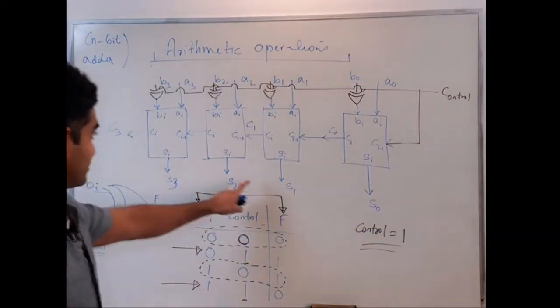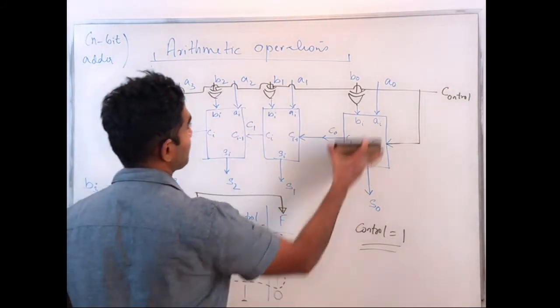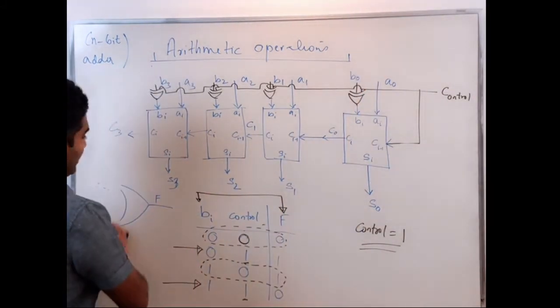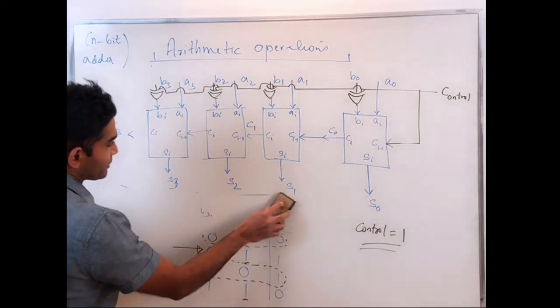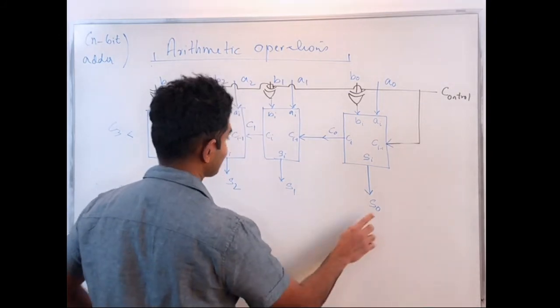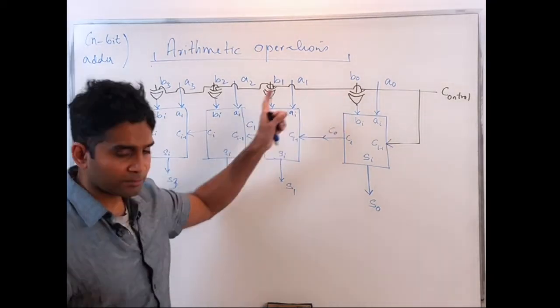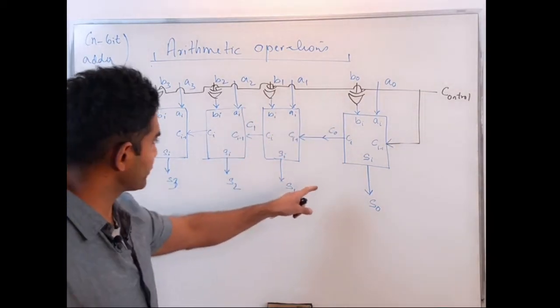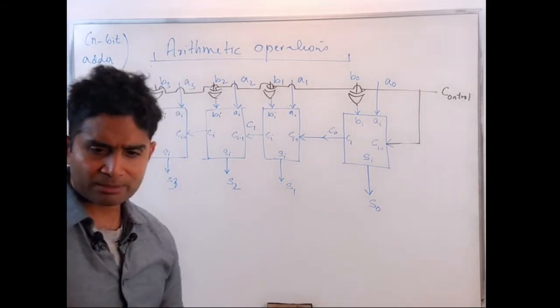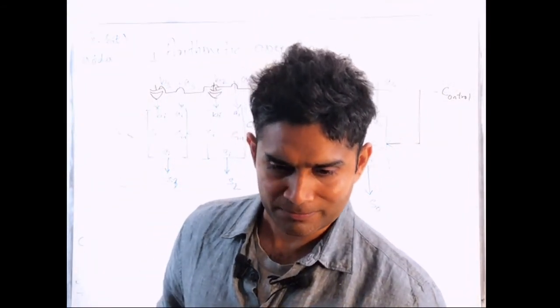If you notice the circuit, when I put my inputs here and I'm looking for my answer, monitoring these outputs, my S0 through S3, as soon as I put these inputs, do you expect the answer to be the right answer? Whatever you get as the output, do you think the output is the right answer in the first instance?